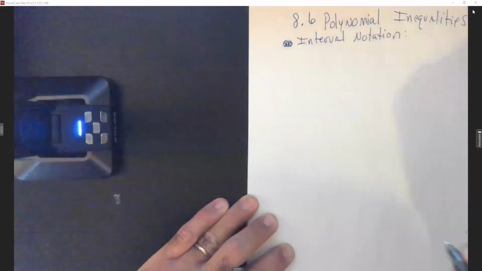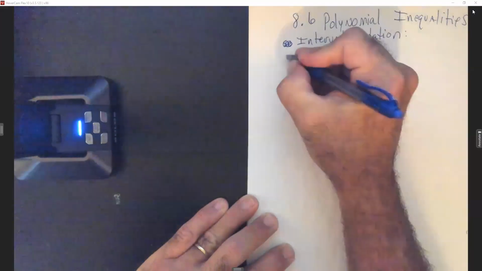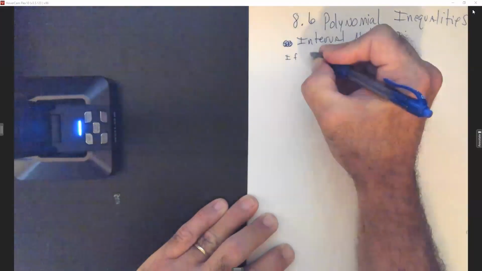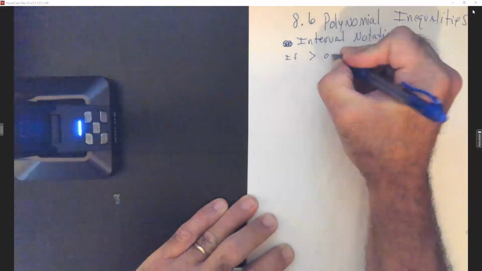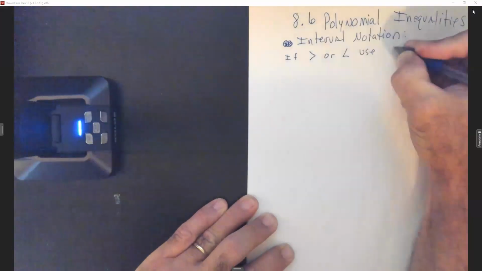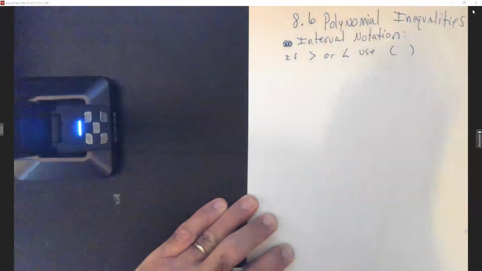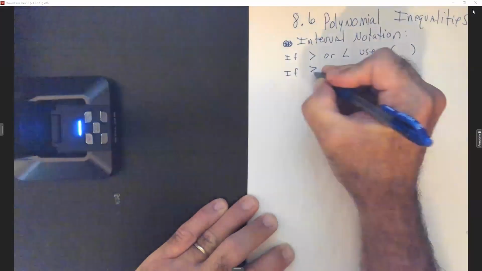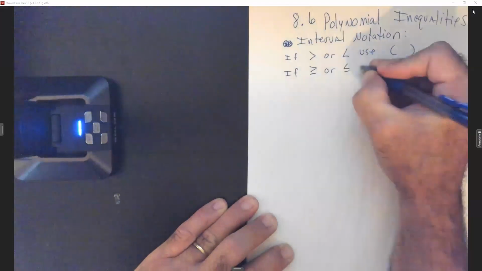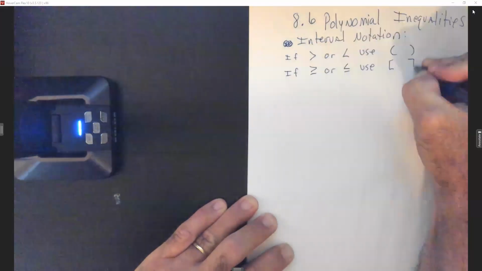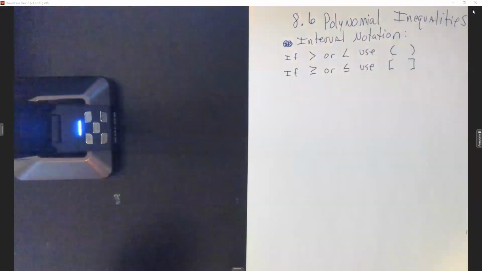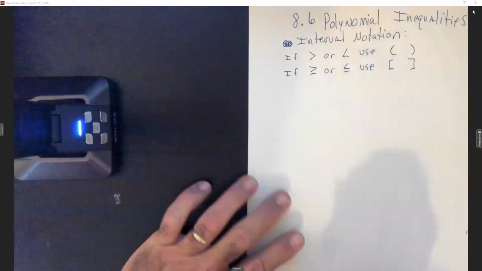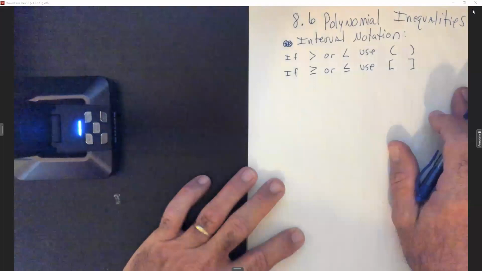So for interval notation, if it has greater than or less than, you're going to use parentheses. If there's an equal sign under those, we're going to use brackets. So what I'm going to do first is show you the steps I would do to solve a polynomial inequality.